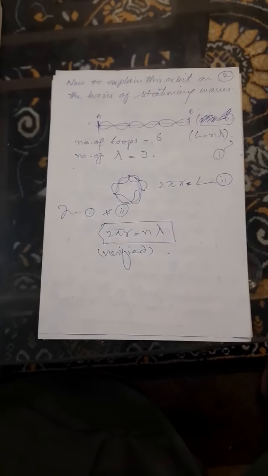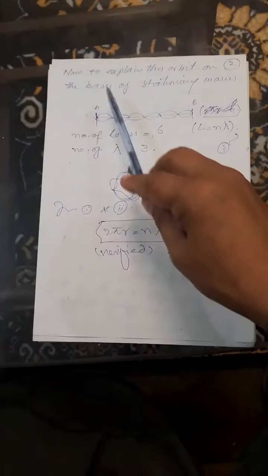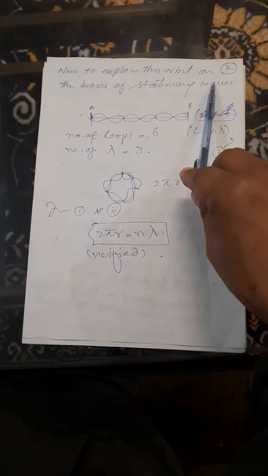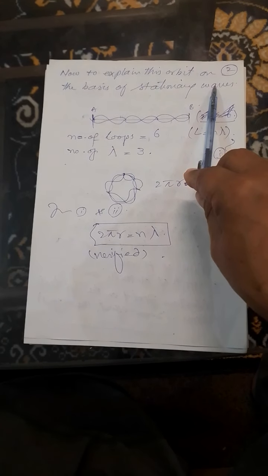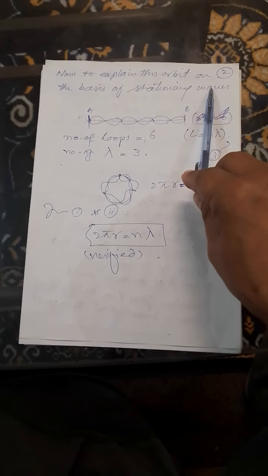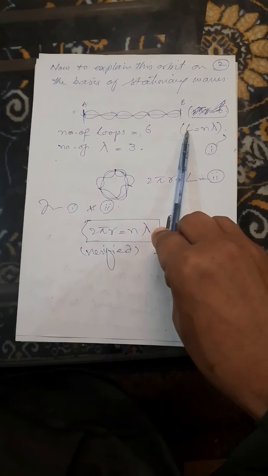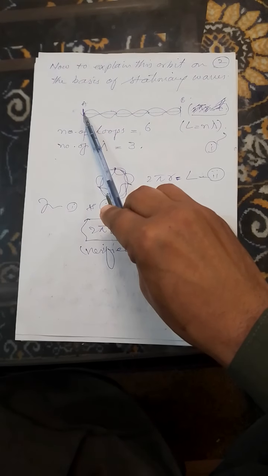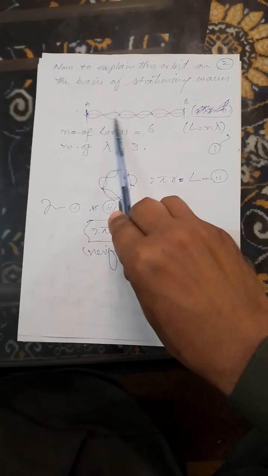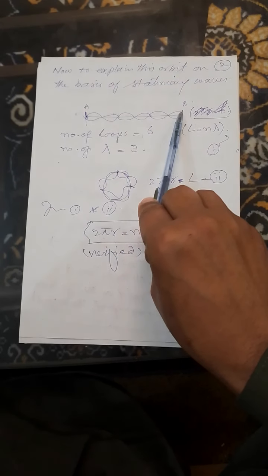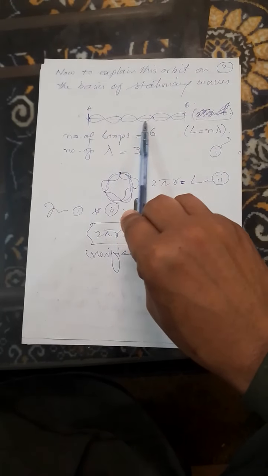Now, to explain this orbit on the basis of stationary waves, which de Broglie actually did for the Bohr postulate. For example, we have a string of length L, and we have connected the string between 2 points A and B. Now we produce stationary waves in the string, so the number of loops generated is 6, and it represents 3 wavelengths in the total length.